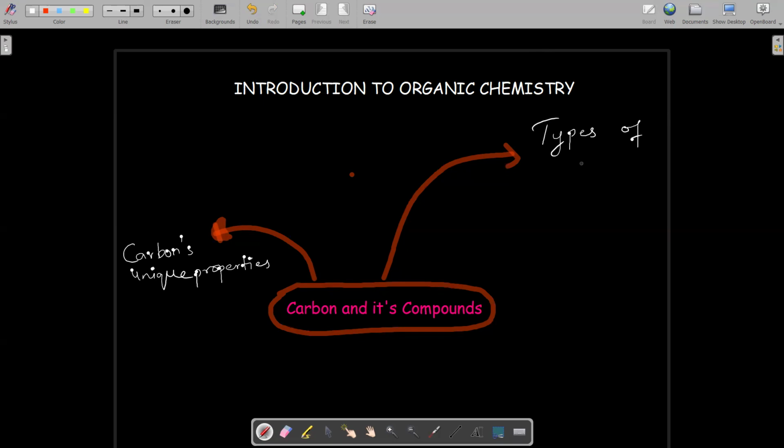Make sure to organize your mind map really well because it should not be confusing later on. So do it neatly and take your time because it's going to help you. Then the third main idea that we are going to look into today is functional groups.